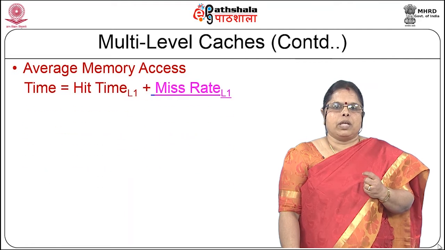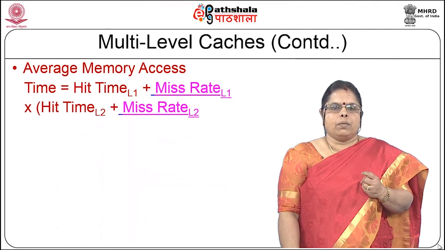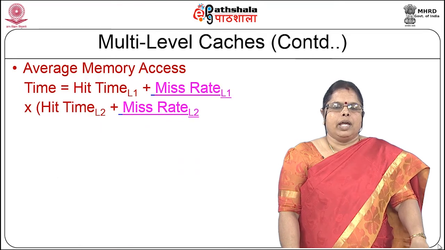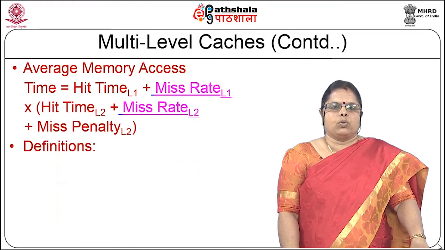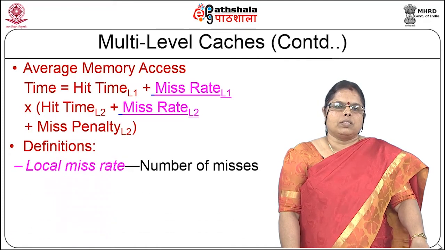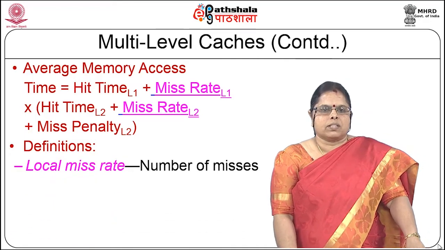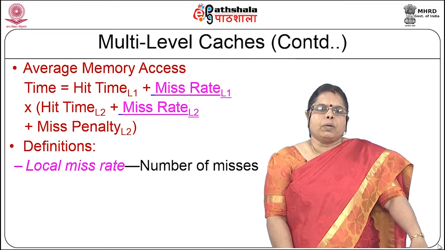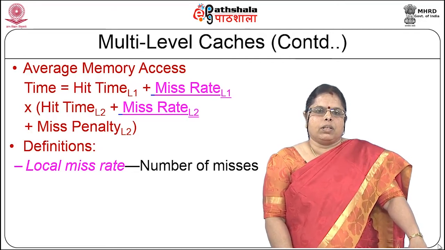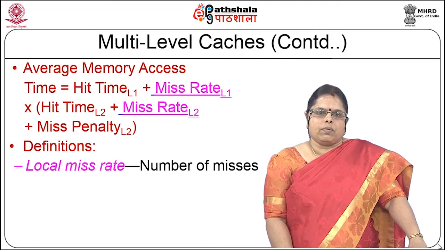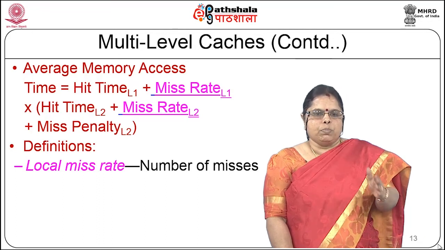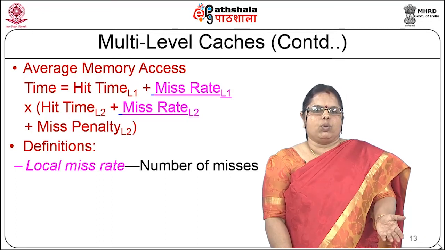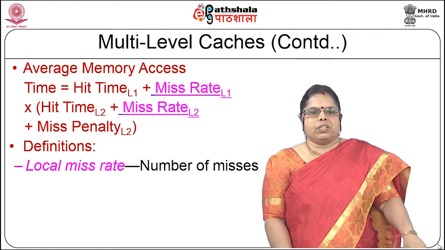So, the average memory access time is hit time L1 plus miss rate L1 times (hit time L2 plus miss rate L2 times miss penalty L2). This expression involves many factors: the hit times of both the level 1 and level 2 caches, the miss rates of level 1 and level 2 caches, and the miss penalty associated with level 2, which means it does not hit in level 2 also, and you will have to go to main memory to fetch the data.